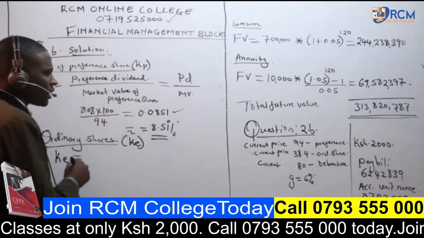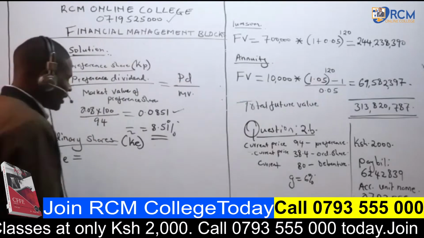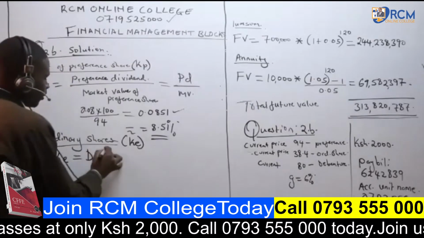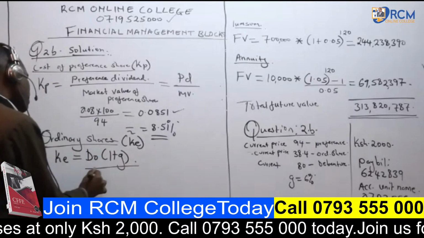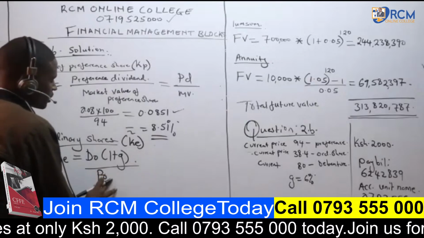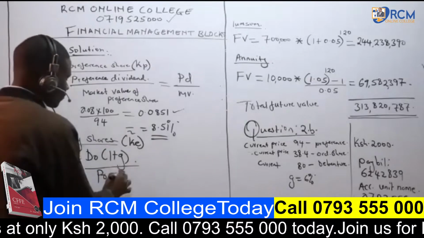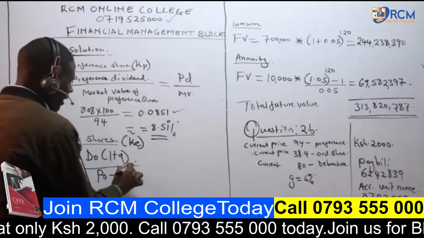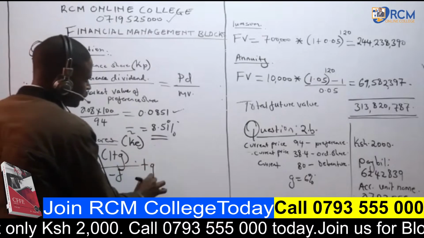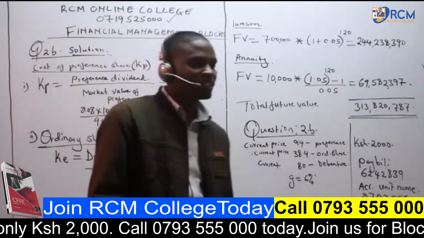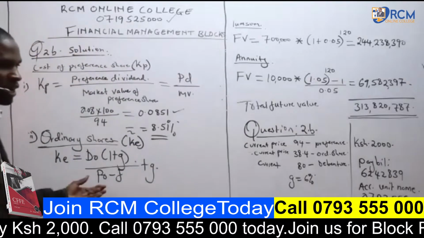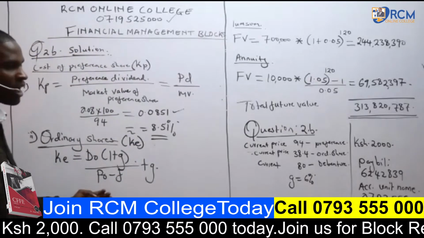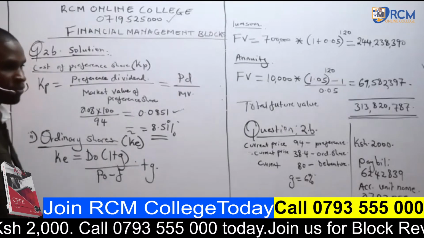And because we have not been given our dividend, we shall be using D0 (1 + g) divided by P0. P0 is the market price. You can less the flotation if any, and then you add g. Is this formula familiar to you?